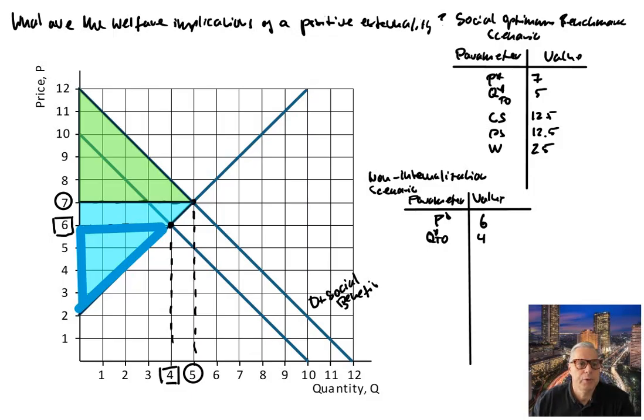Okay, so this area is 1, 2, 3, 4, 1, 2, 3, 4, 16, 8. So producer surplus is 8.